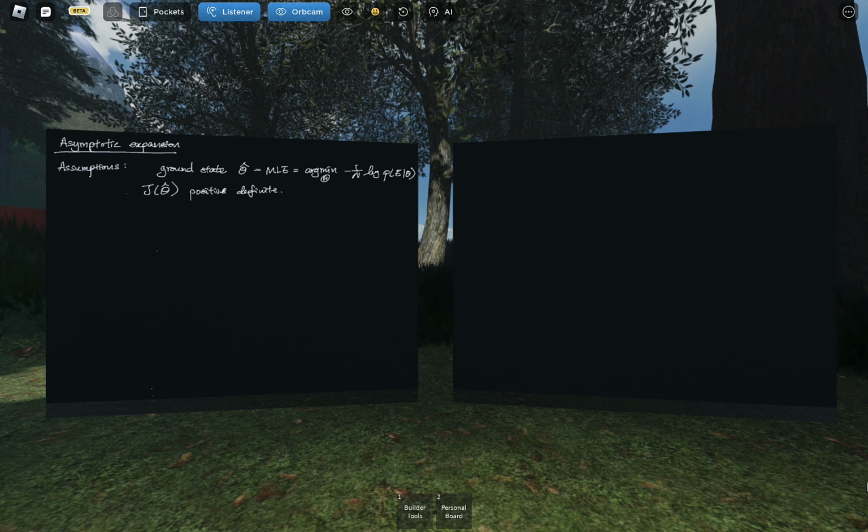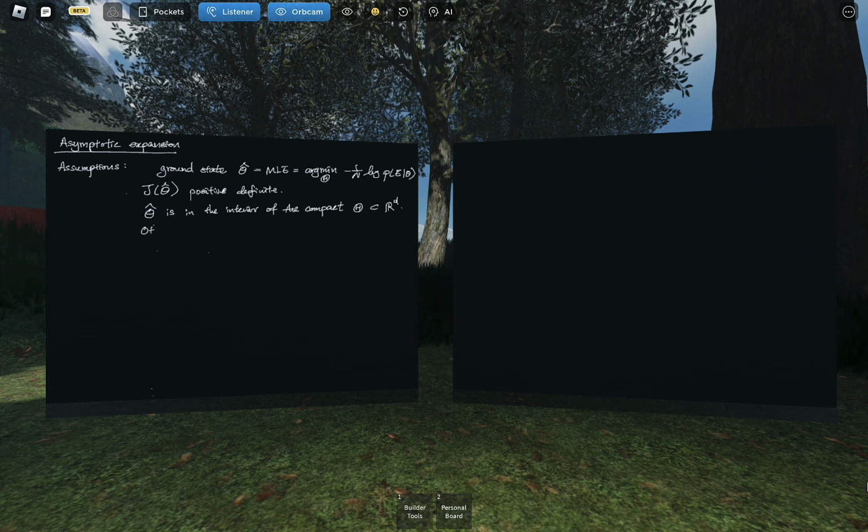So not good. So we also require that the MLE, the ground state, is in the interior of the compact set. But the fact that we can define the Jeffreys prior already implies compactness.